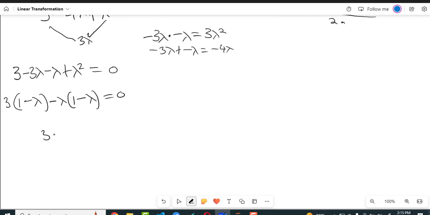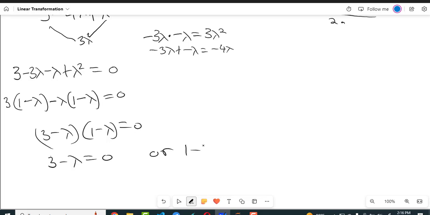So our final answer here is 3 minus lambda and 1 minus lambda. We now form two equations, setting our polynomial equation to 0: 3 minus lambda is equal to 0, or 1 minus lambda is equal to 0.